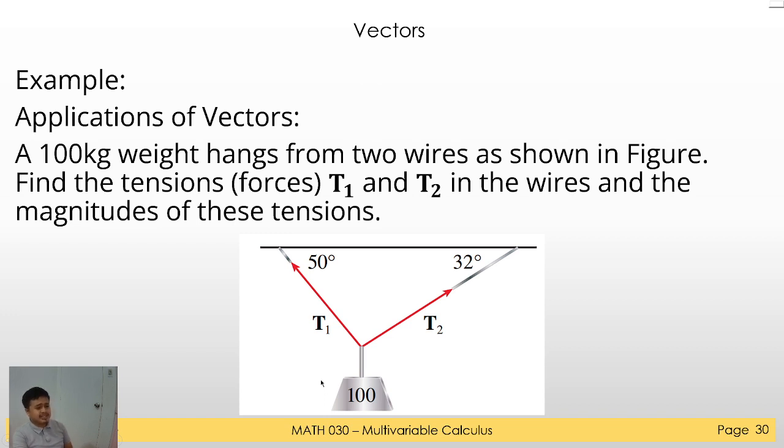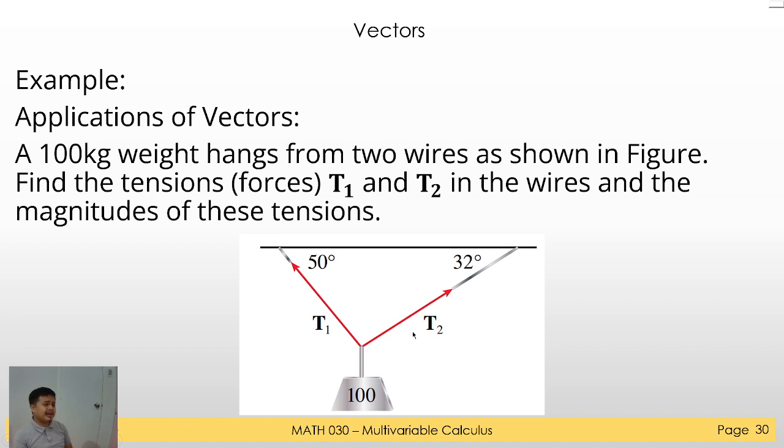We have this given diagram of a weight that is pulling through these wires, which have a tension of T1 and T2, and a given angle of these wires with respect to the horizontal, which are 50 degrees and 32 degrees.